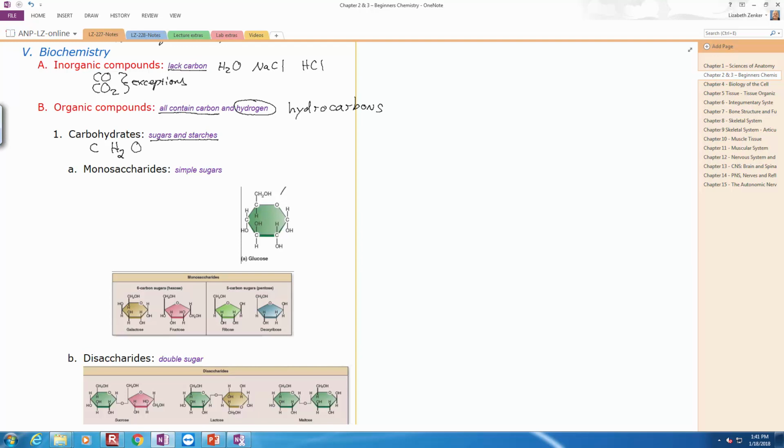Also, let's put cellular fuel, because it is. And they dissolve easily in water. If they dissolve easily in water, what does that mean? It's got to be polar. It's got to have some polarity to it, right? So also polar substances.